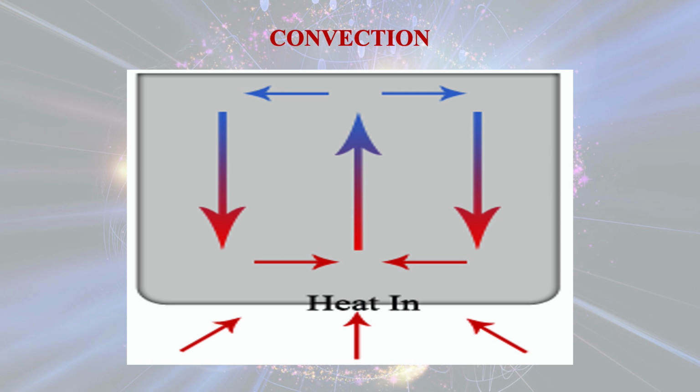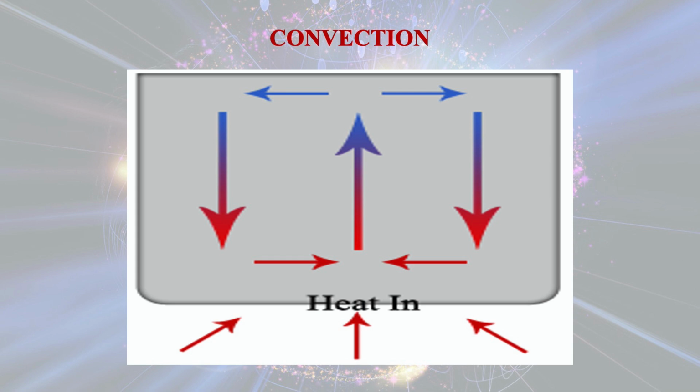The adjacent layer of fluid at the bottom which is receiving heat gets lower density and moves in the upward direction. From the upper layer, since the temperature of the fluid is less than the lower layer, those fluid particles will be denser, so they will come in the downward direction. So it will be a circulatory motion.